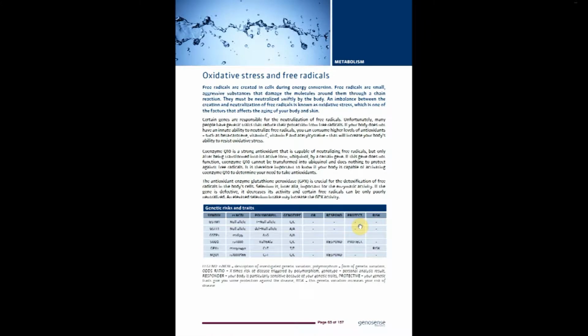Then we have oxidative stress, and you will likely have heard of this before. Oxidative stress is a byproduct of converting energy in our body. We need oxygen to convert energy and run our body.